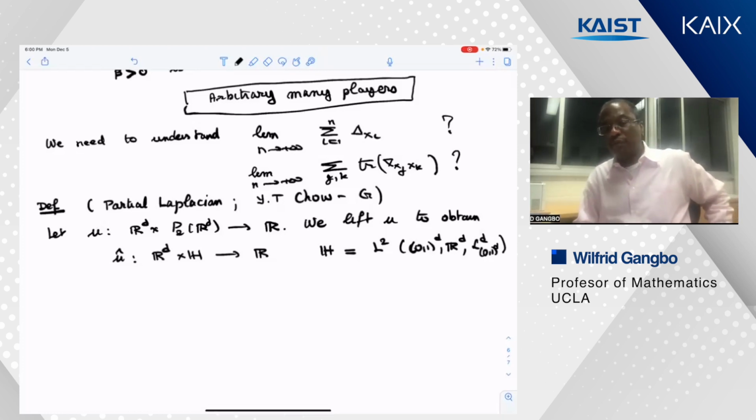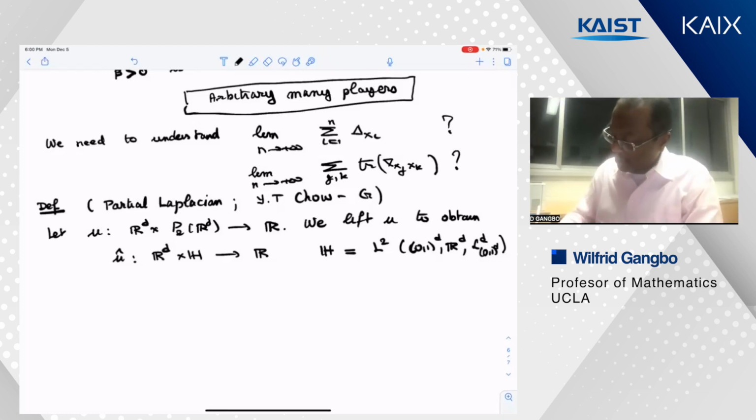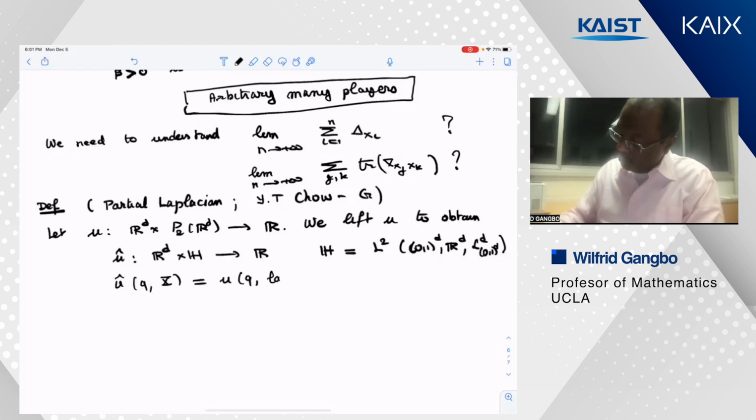So in the first talk, I said that the set of probability measures can be viewed as a quotient space of that Hilbert space. And so when I have a function on the quotient space, I can lift it to the Hilbert space by setting U hat of X to be U of the law of X.